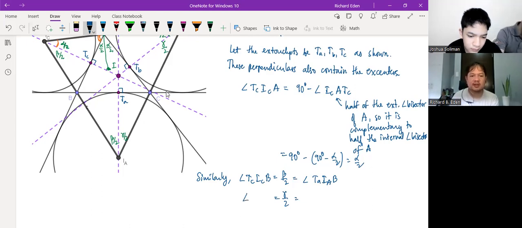This is angle TA I A C, also another gamma over 2.